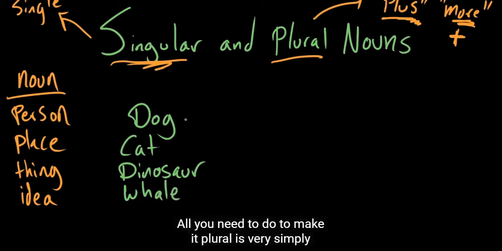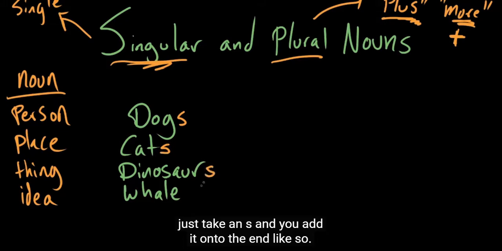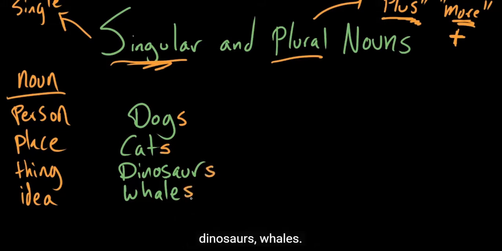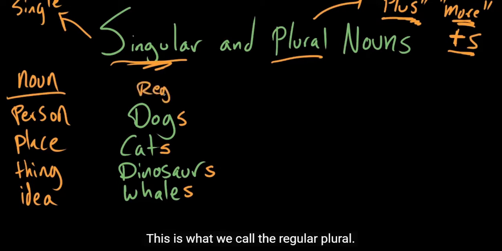All you need to do to make it plural is very simple. You just take an S and add it onto the end like so. Dogs, cats, dinosaurs, whales. So, if you want to make something plural, think about plus, more. All you have to do is add an S. This is what we call the regular plural.